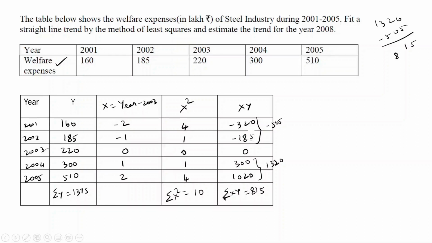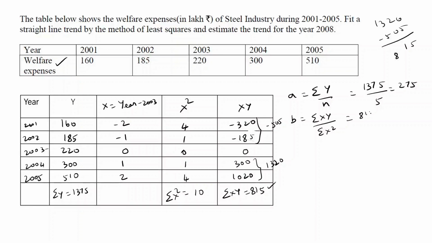So now that we have got the values for all these, let us find the constants first. So A is given by sigma Y upon n. Sigma Y is 1375 upon n is 5 years. So this is equal to 275. And next B is sigma XY upon sigma X square. Sigma XY here is 815 upon sigma X square is 10.